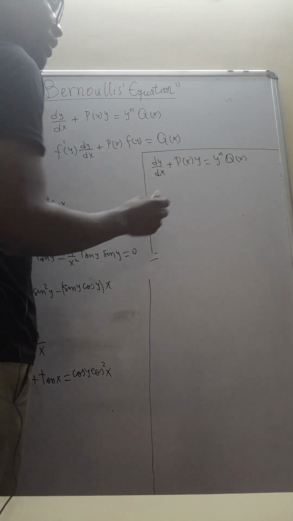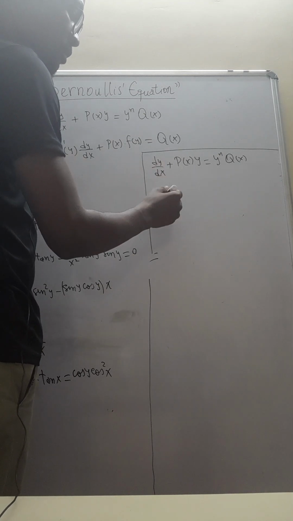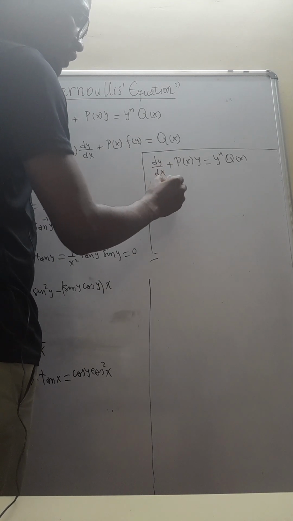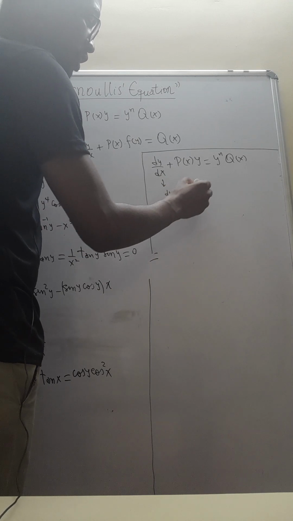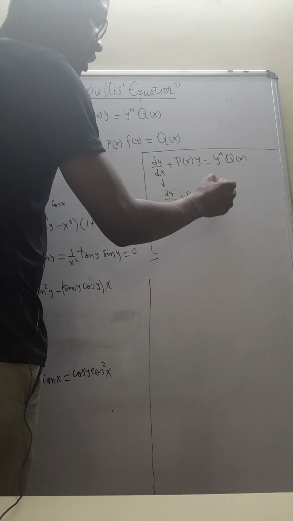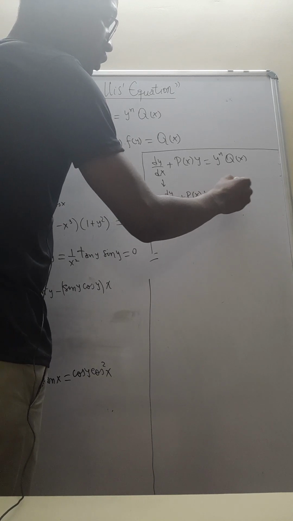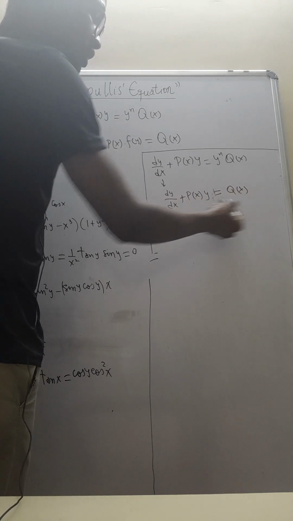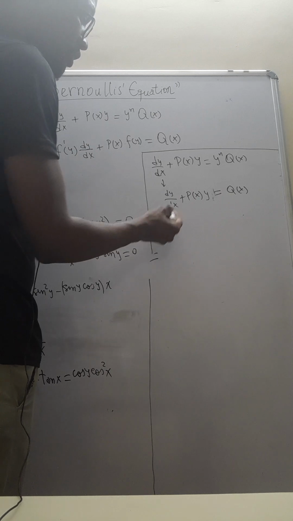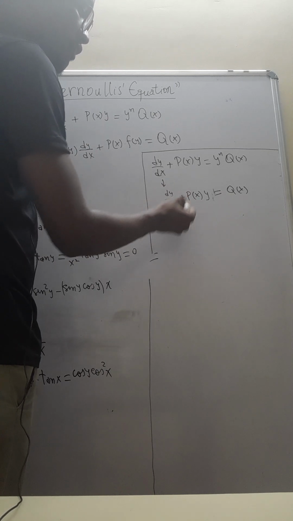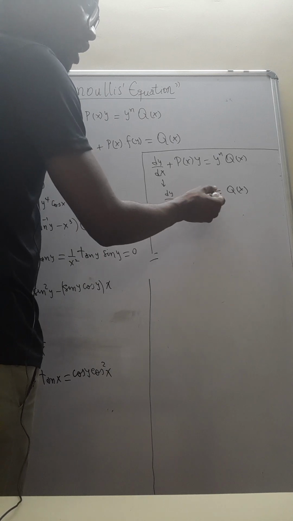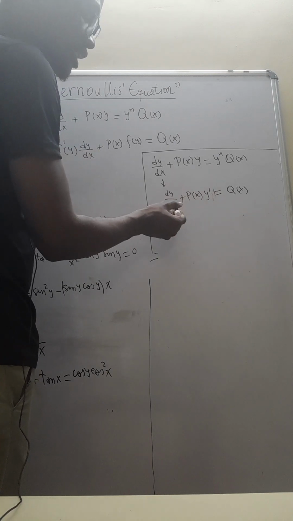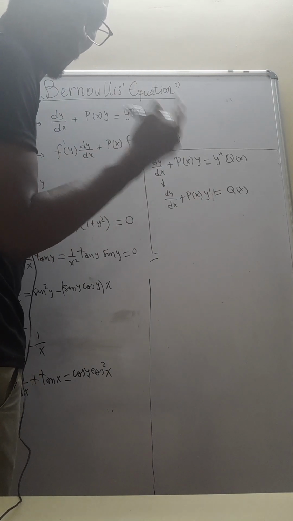We want to make this differential equation look like this: dy dx plus p of x, y, equal to only q of x. This is a linear differential equation because the derivative of y is linear and y is linear also. Y raised to 1, and the derivative with order 1.